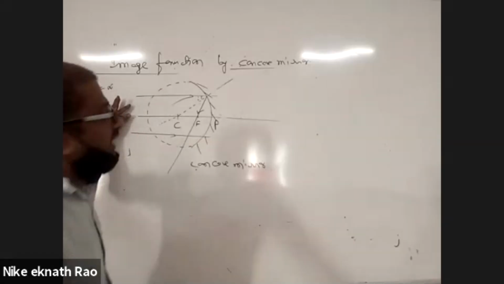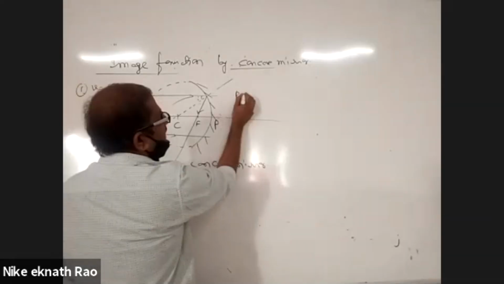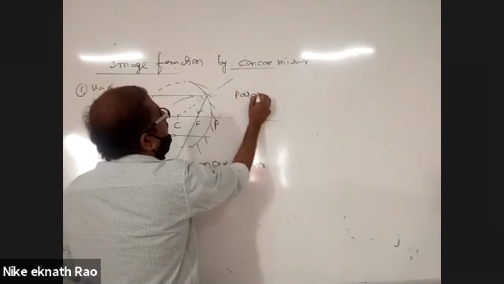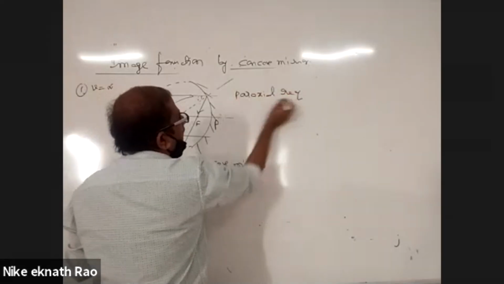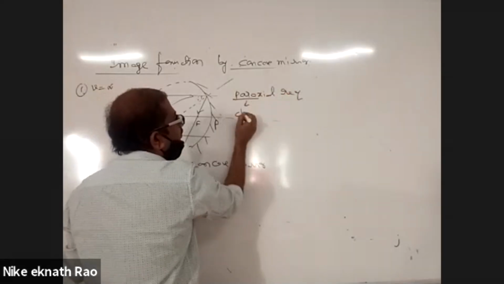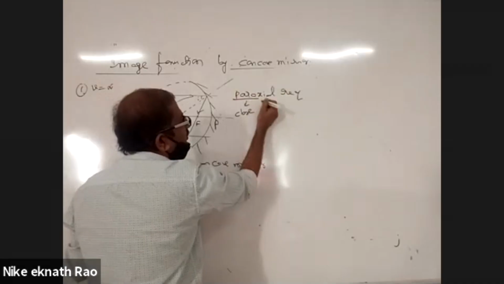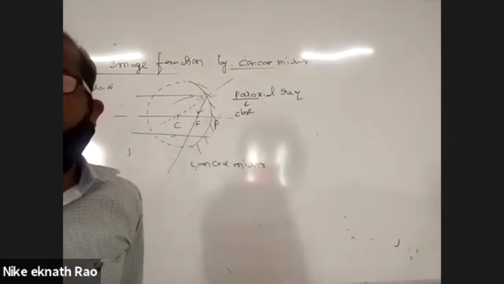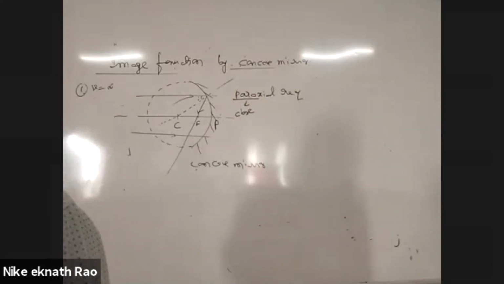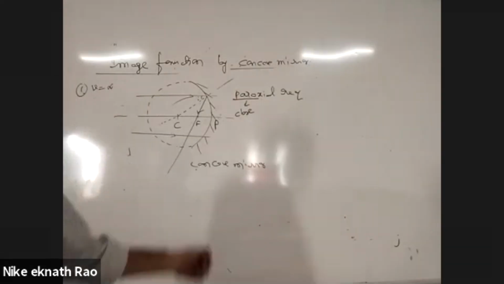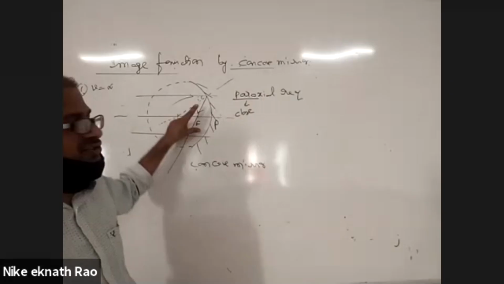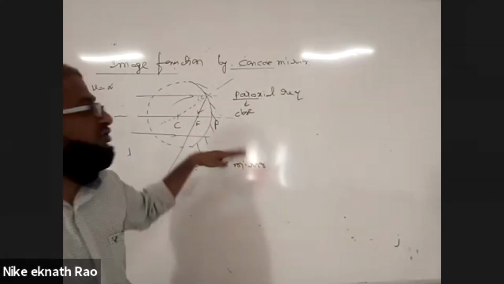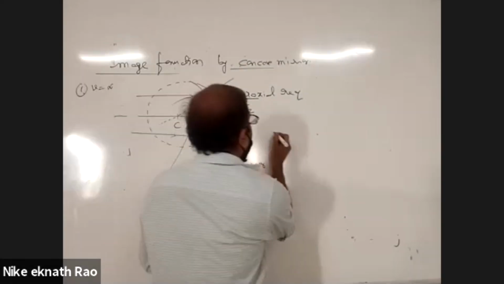The rays are very close to the principal axis, and this kind of rays are called paraxial rays. Coming close to the axis, they are called paraxial rays. And this kind of optics we call Gaussian optics. We are talking about partial mirrors only, not very big ones.